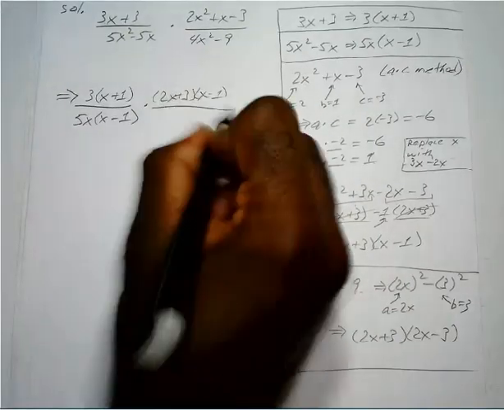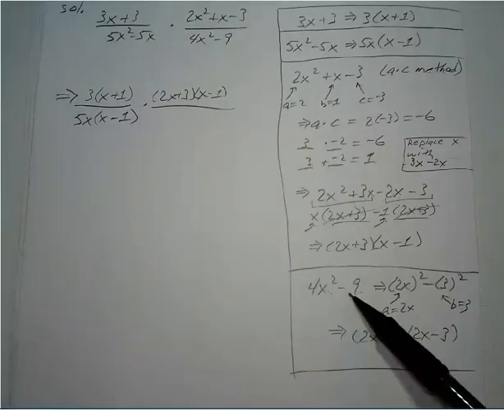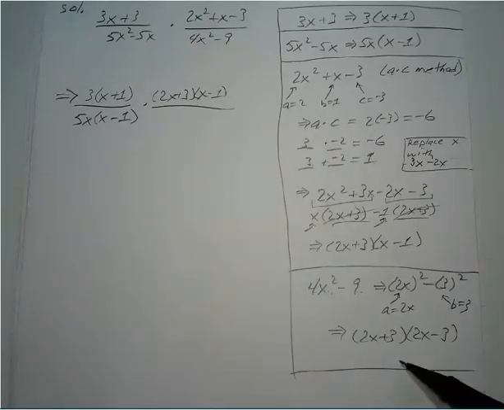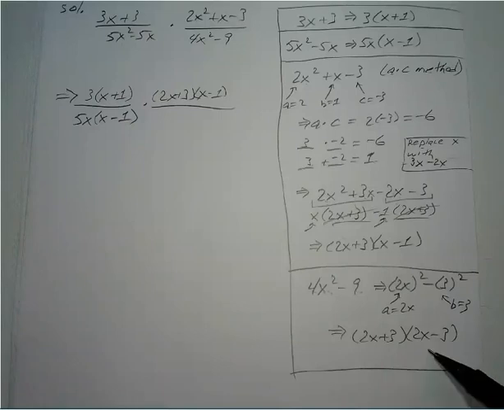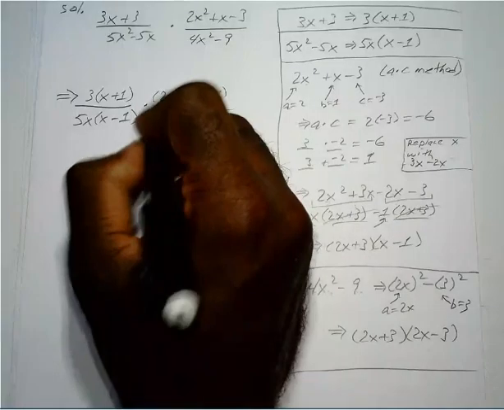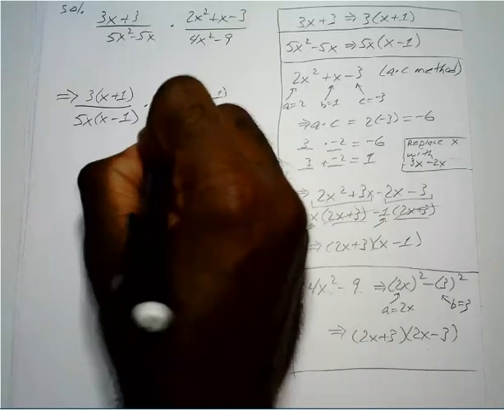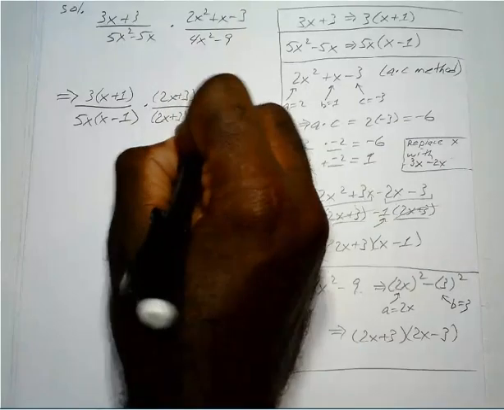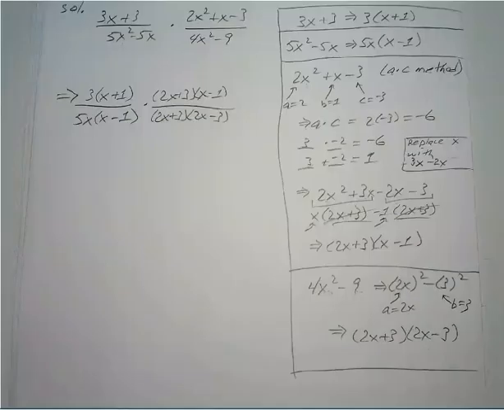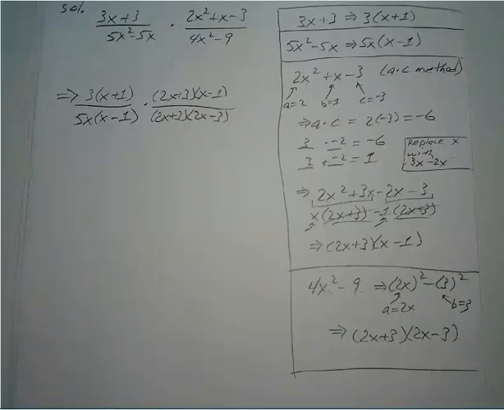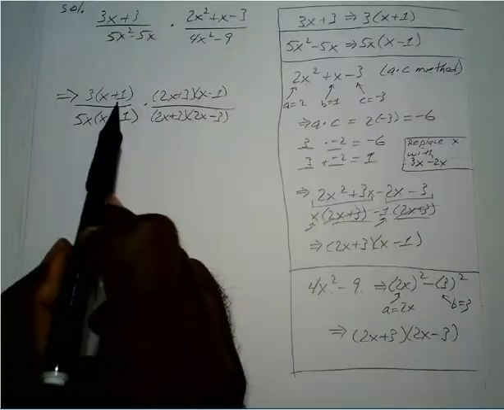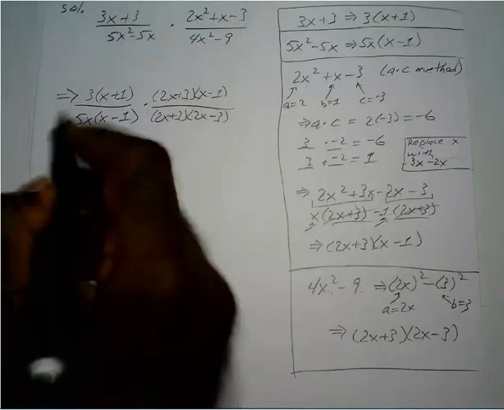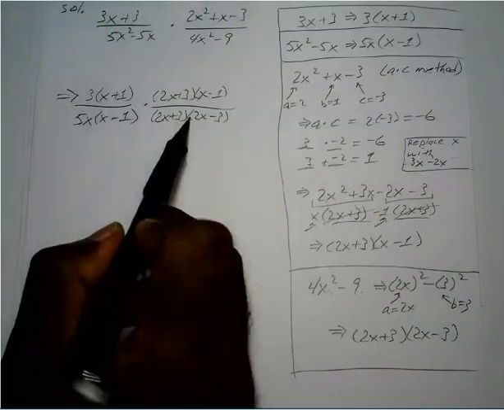Over our 4x squared minus 9, we know that's a difference of squares, and we have 2x plus 3, 2x minus 3. Alright, so now we see that all you have to do, you can either cancel it from here or you can put them all together.